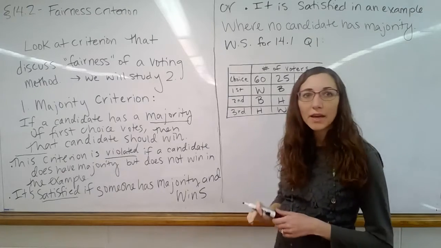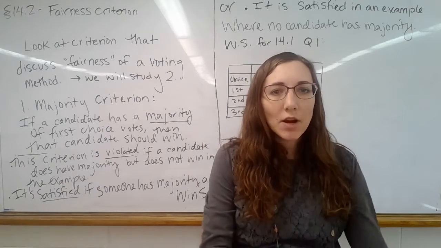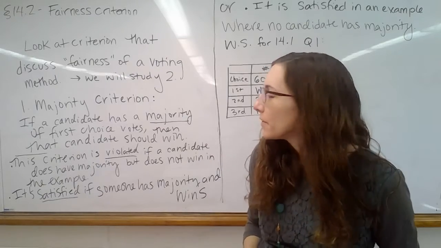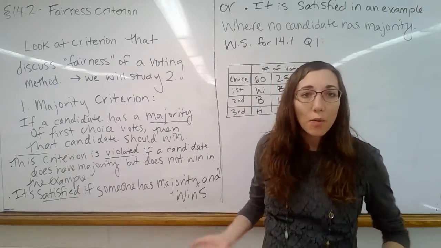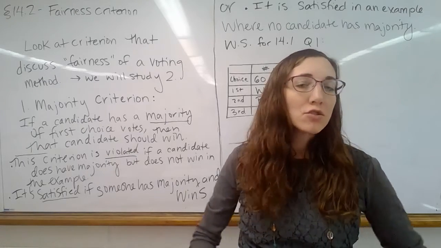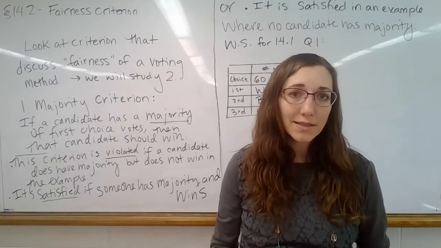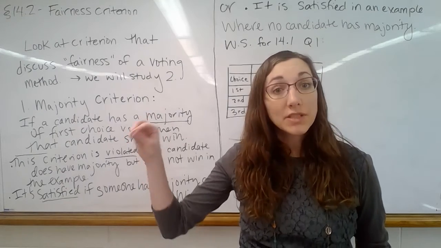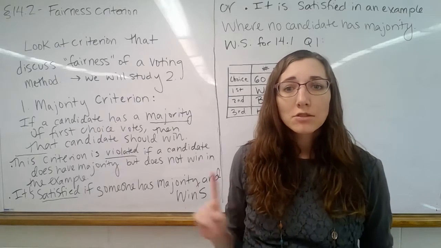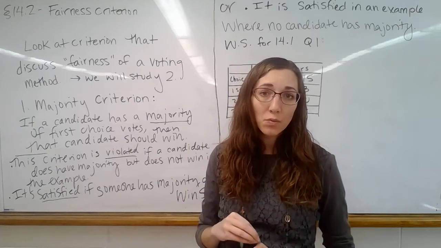Kind of a way to think about why that's true is it's sort of like the criterion just doesn't apply in that situation. So when we think about this situation where no one has majority, the criterion doesn't specify who should win. So no matter who wins, we have not violated the criterion. So there's two ways to satisfy it. Either the person who does have majority wins, or there's just no one with majority, which does happen quite often. So the only way it's violated is someone actually has majority and does not win.